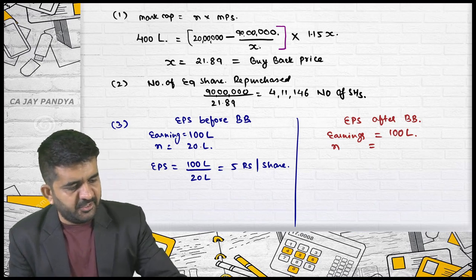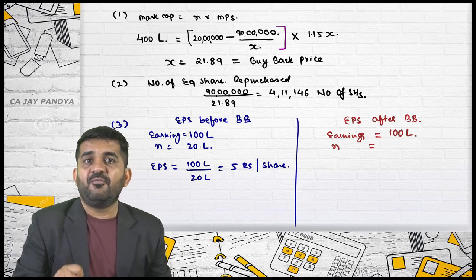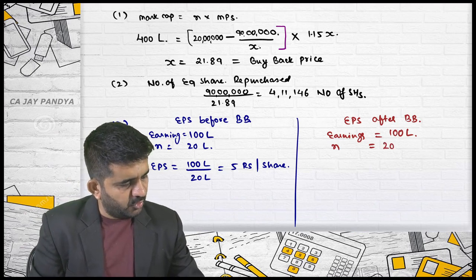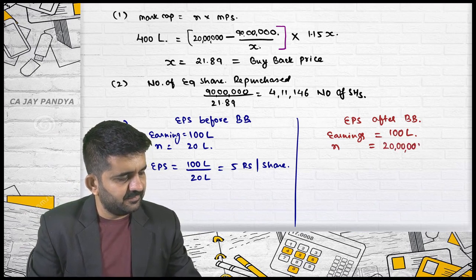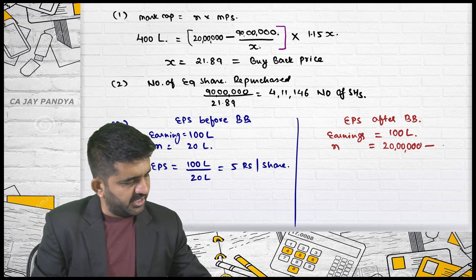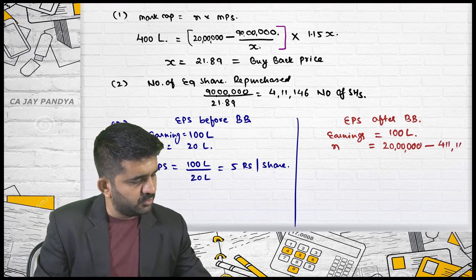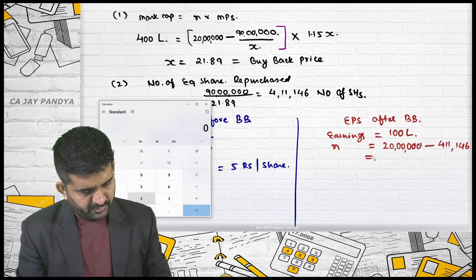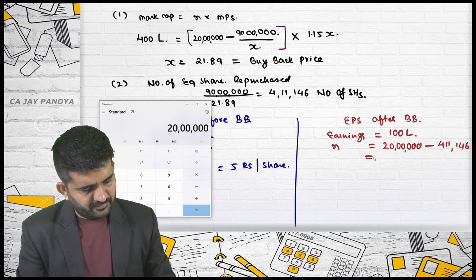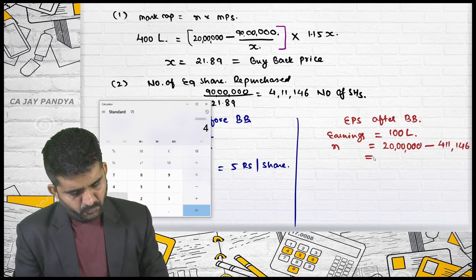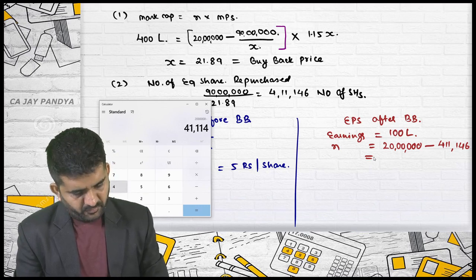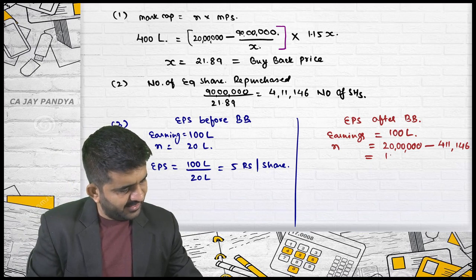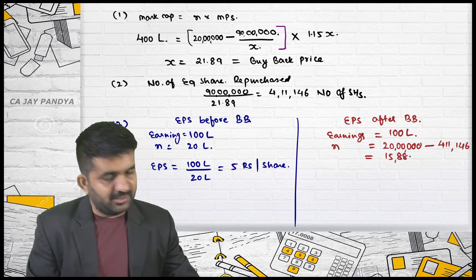Now it will be reduced because of buyback. It will become 20 lakhs minus the number of shares bought back, 4,11,146.